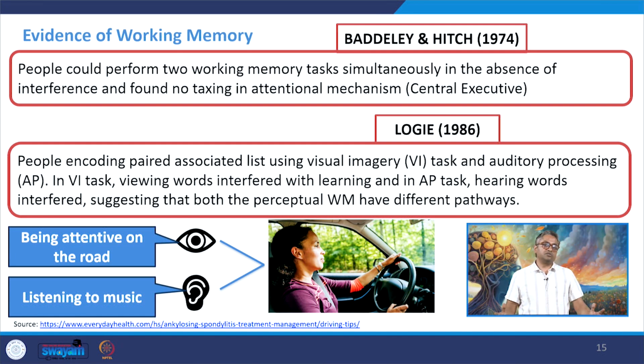So he selected two groups of individuals, and in one group the individuals had to process visual information. While doing the visual processing, their target was to identify visual targets. While they had to select the visual targets among the visual information, auditory stimuli were being presented to the participants.